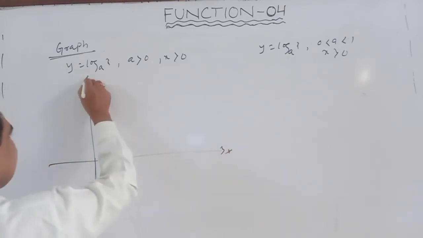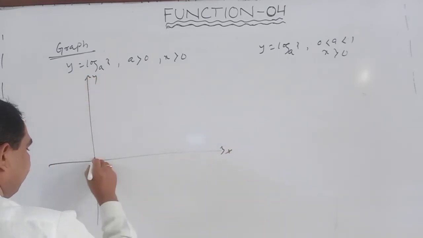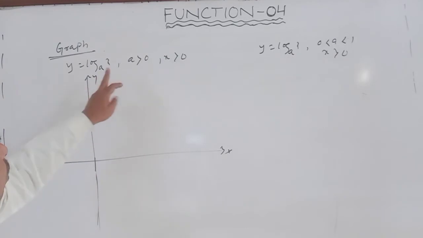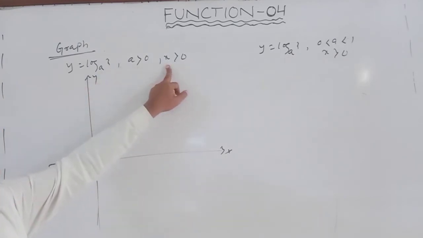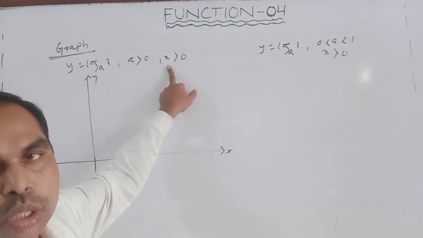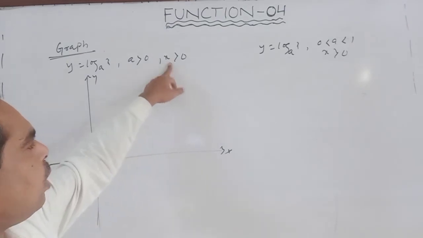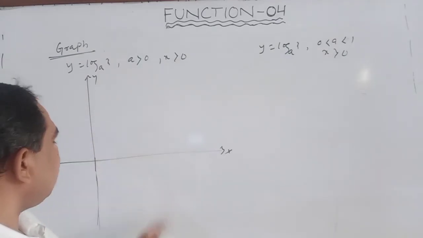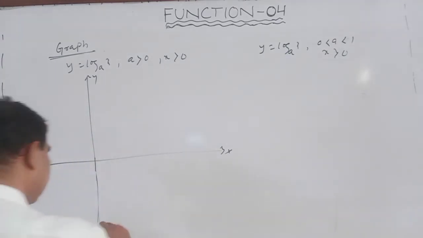This is x, this is y. Here x positive means the curve lies in first and fourth quadrant. Okay, so this is like this.